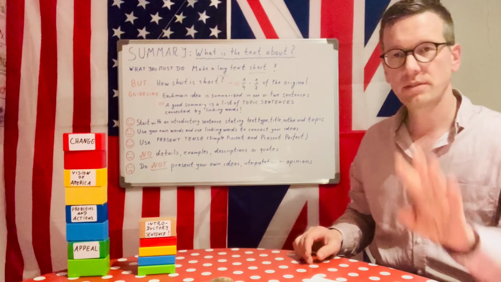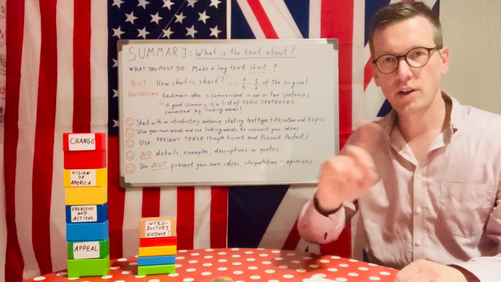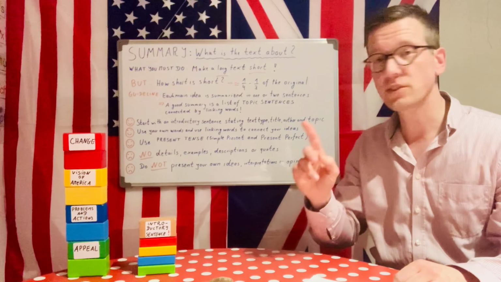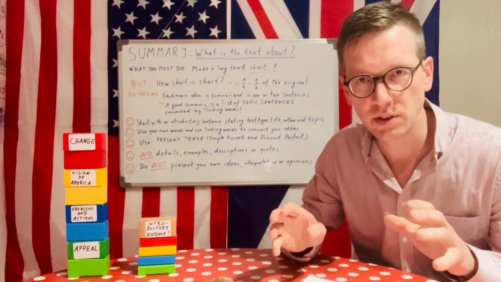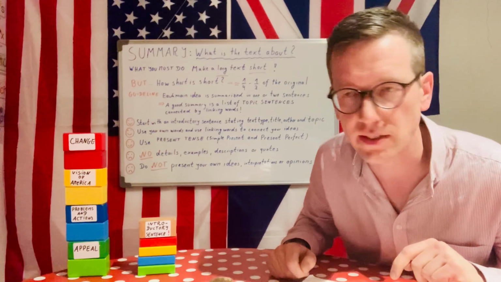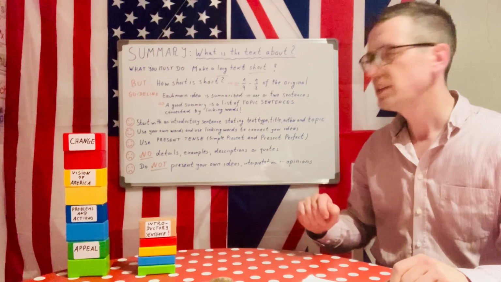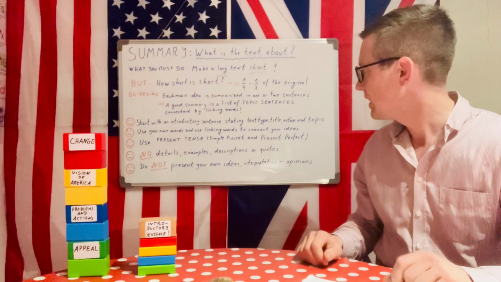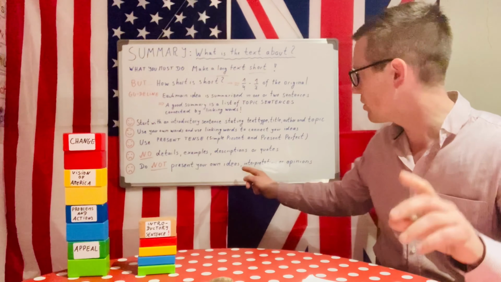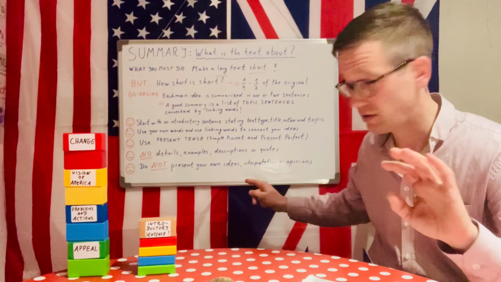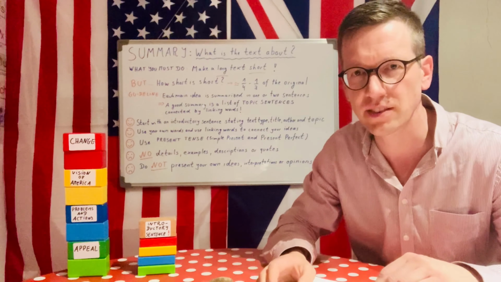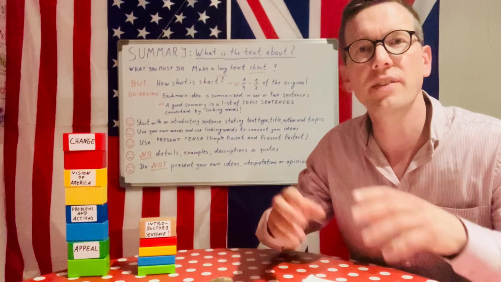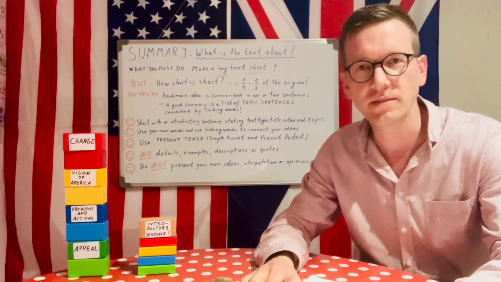And the fourth one is no details, no examples, no descriptions, and no quotes. This is what you do later on when you write your analysis. And finally, the fifth rule, do not present your own ideas, not your interpretations, and especially not your opinions. This is what you have to do in the comment, also later.